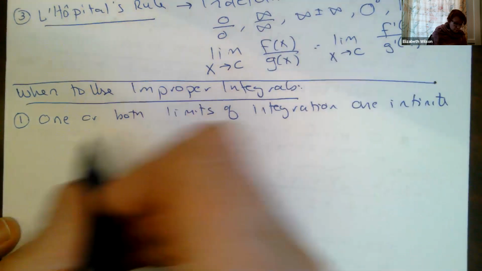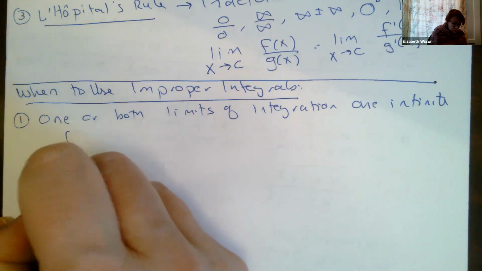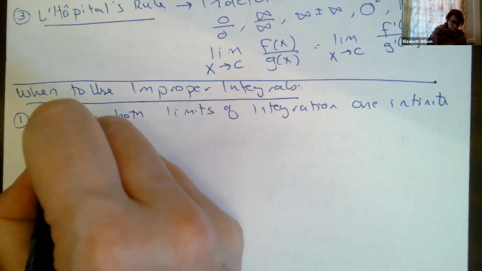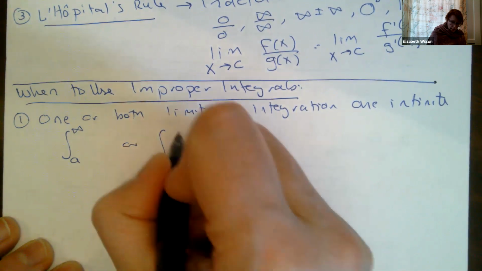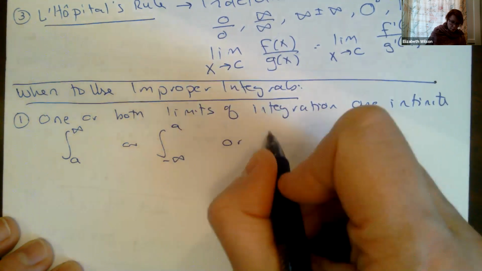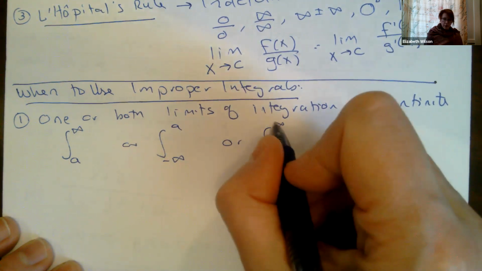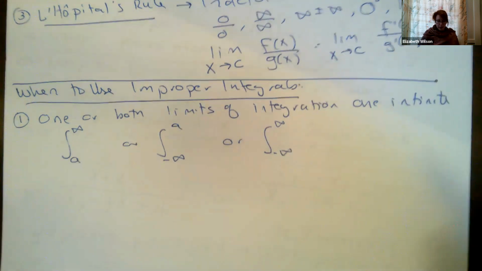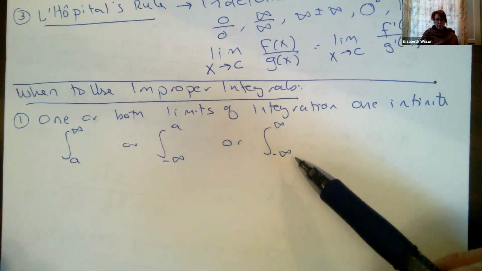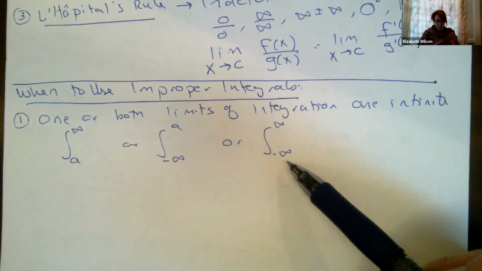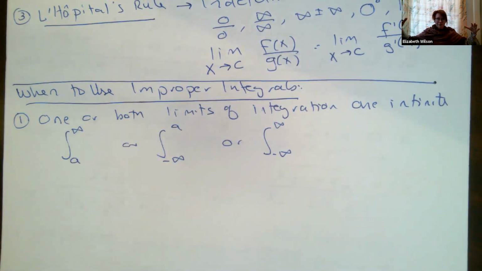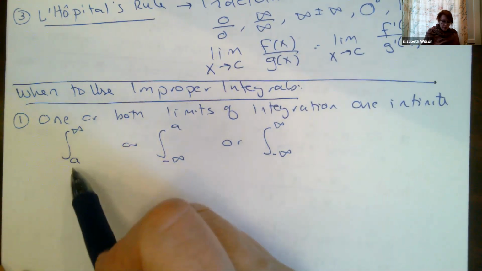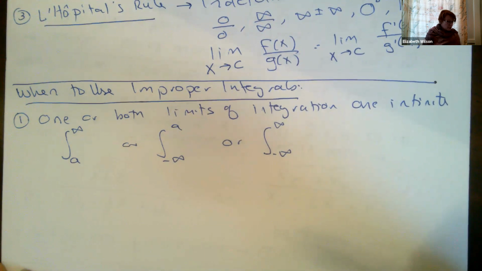So I'm going to go from some value a to infinity, or minus infinity to a, or minus infinity to positive infinity. We do this a lot in engineering. We're looking at steady state conditions: what happened before things started at 0, and what's happening at our steady state. So I need to think about how I'm going to do this, since I've got infinity somewhere in my bounds of integration.